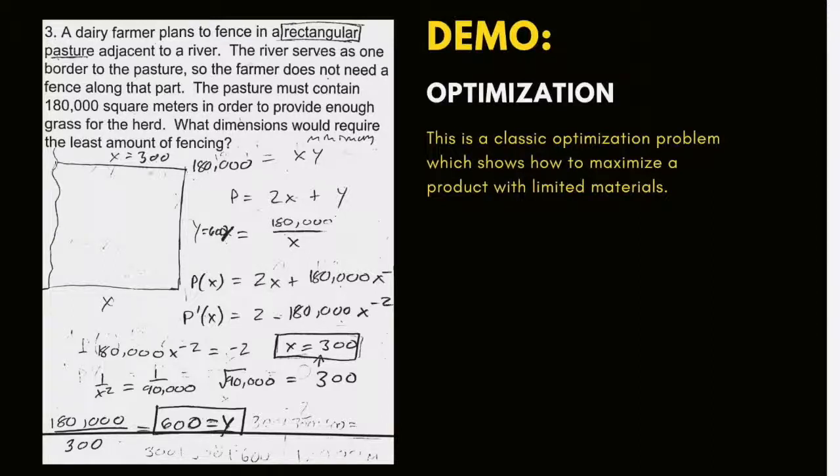And as you can see, I used optimization to figure out that it would be 600 meters, and that's the minimum amount of fencing needed to create a pasture that large. And this may have to do with how much the pasture costs. Maybe the farmer can't afford a ton of fencing, and that would be a classic optimization problem.